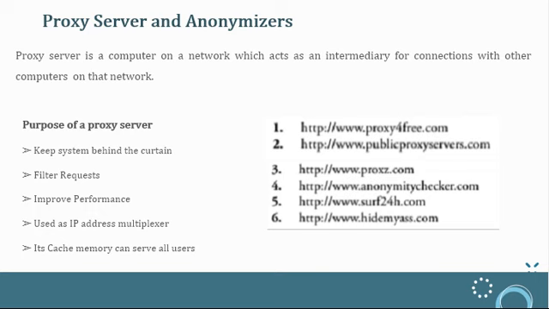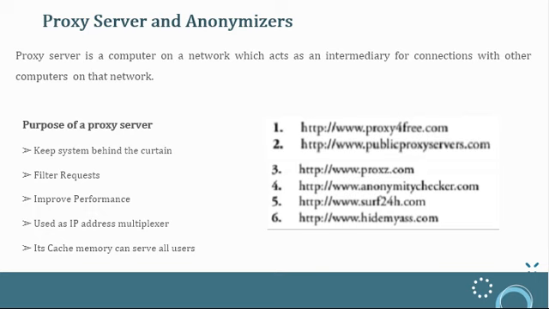For example, in college, if you're using the Wi-Fi and trying to access Facebook, it is blocked. So you might use a proxy server to access Facebook on the college Wi-Fi.